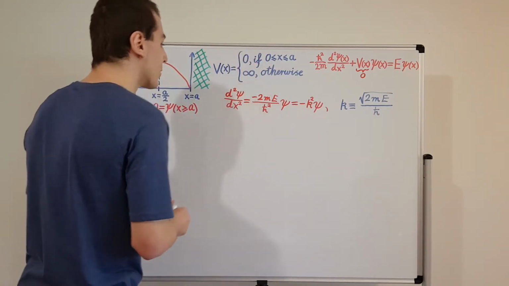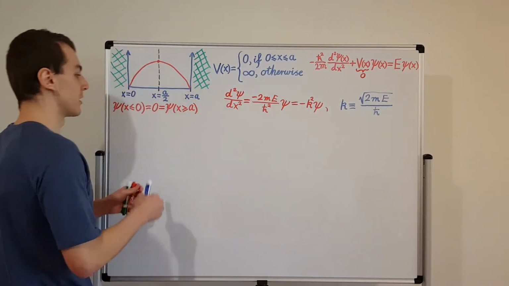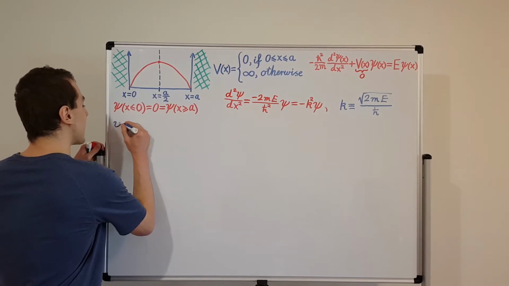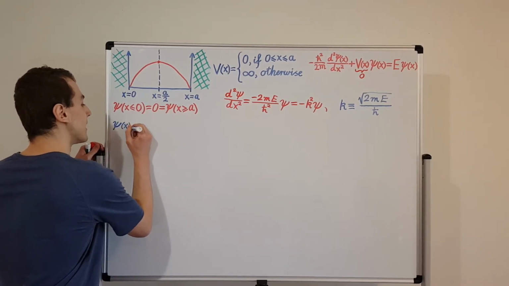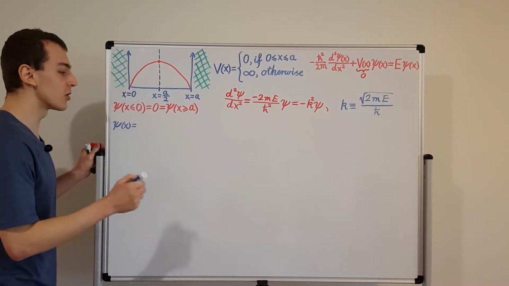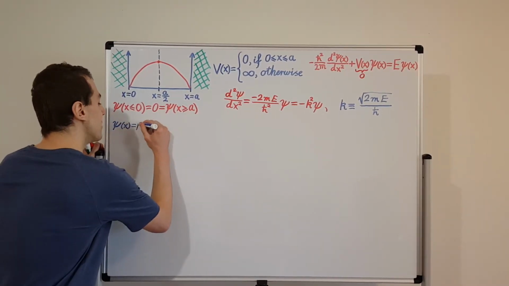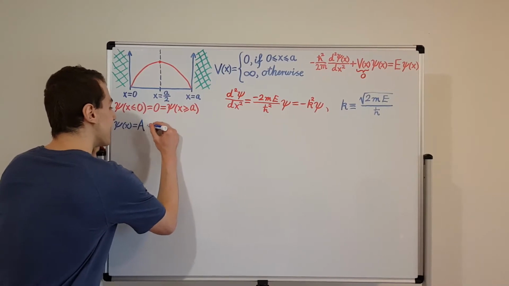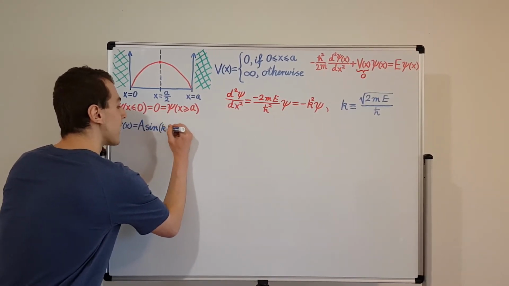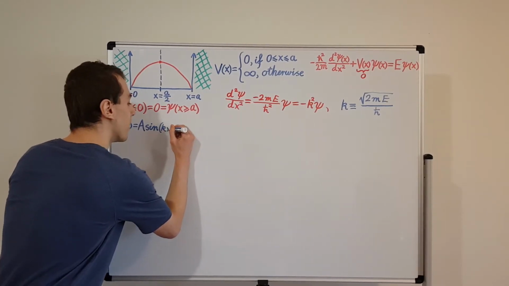So let's write down the general solution. I'm going to write it down over here underneath. So what we're going to get is psi of x is equal to, so we're going to need some coefficients, some constants, and I'm just going to call them a and b. So we're going to have a times sine of kx, and that k is as defined above.